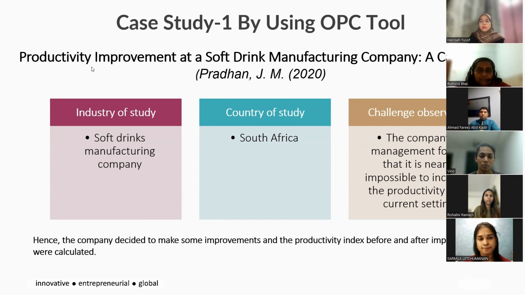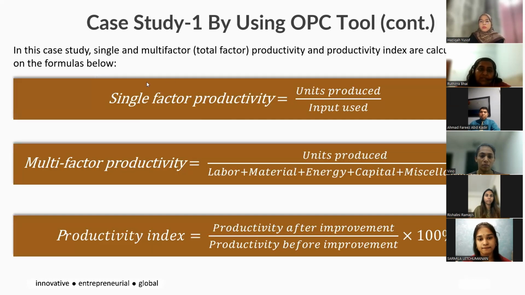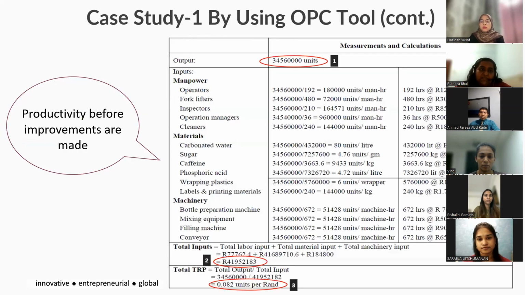So they used productivity calculation as their tool to measure the improvement they were making in the company. In this case study, they calculated the single factor productivity, multi-factor productivity, and also the productivity index before and after the improvements were made.